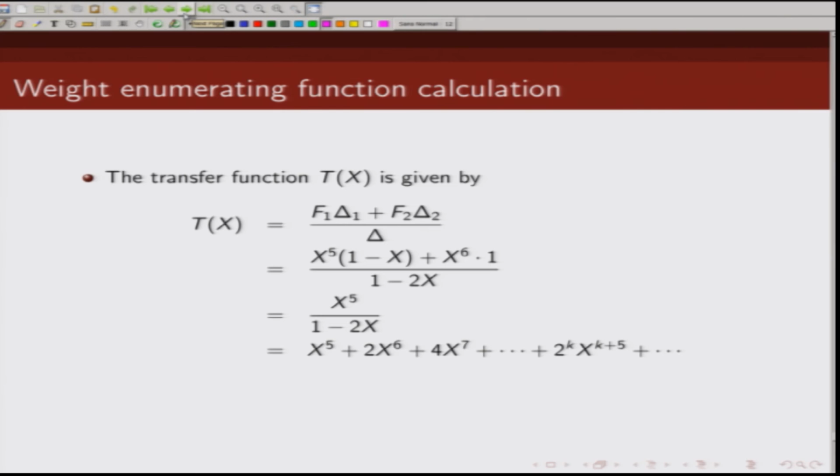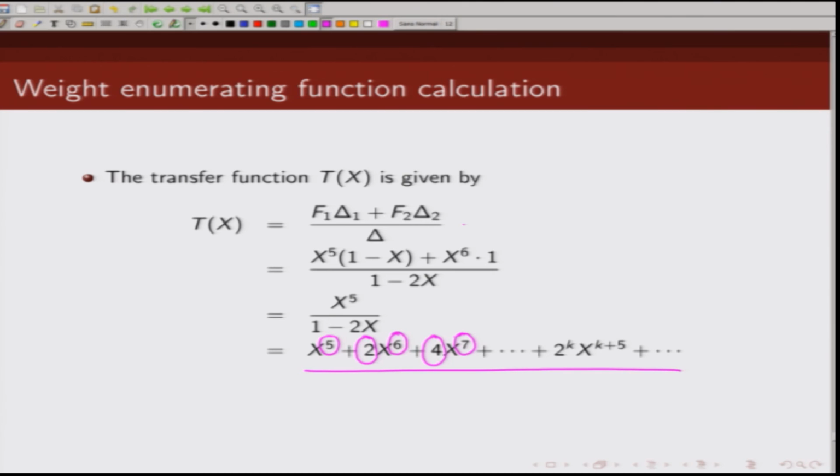So, the weight enumerating function is given by this expression. I am plugging in the values of f1, delta 1, f2, delta 2 and delta, and what I get is this expression, which I can write like this. So, you can see basically my output consists of one code word of weight 5, two code words of weight 6, 4 code words of weight 7.